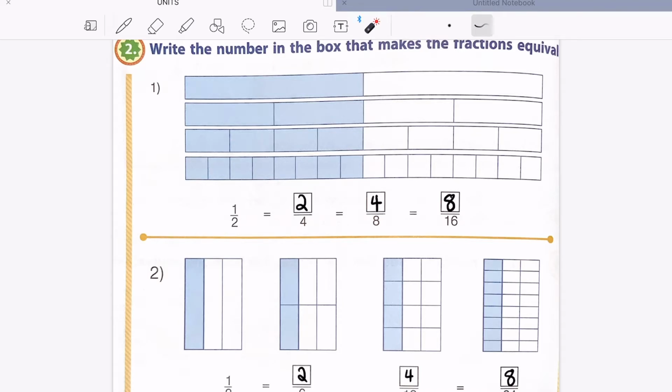We can see these 4 fractions are equivalent: 1/3, 2/6, 4/12, 8/24 are equivalent. These fractions are equivalent.